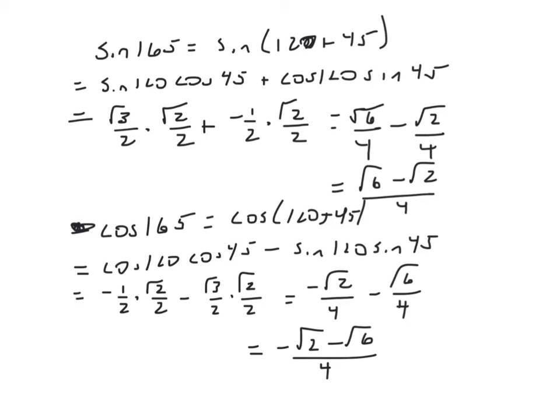Now, say then what's the tangent of 165? You could use the identity that you see on your sheet. But since I already found sine and cosine, why don't I just do the sine of 165 divided by the cosine of 165?